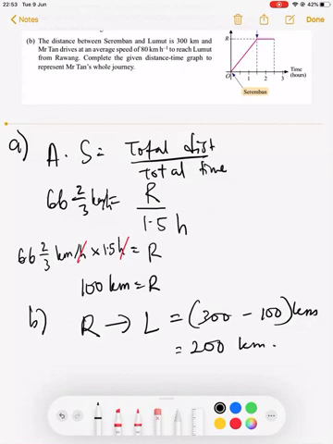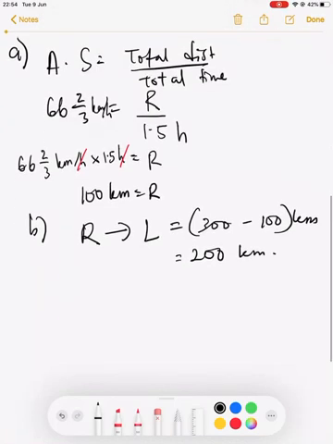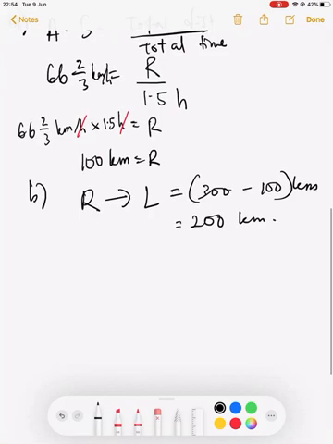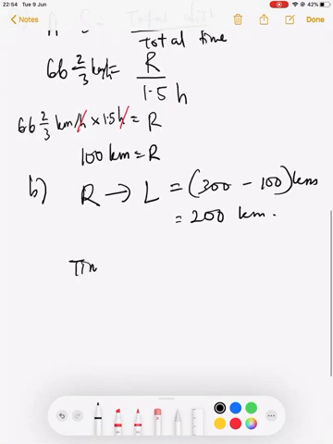Complete the given distance time graph to represent Mr. Tan's whole journey. How about the time? We need the time here. Time equals distance divided by speed.